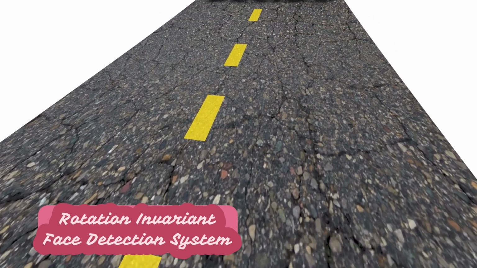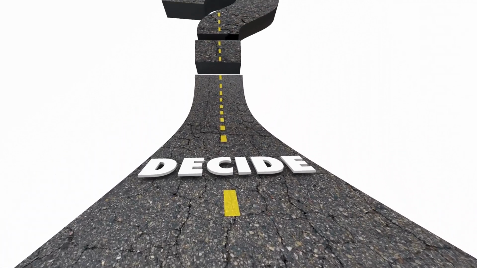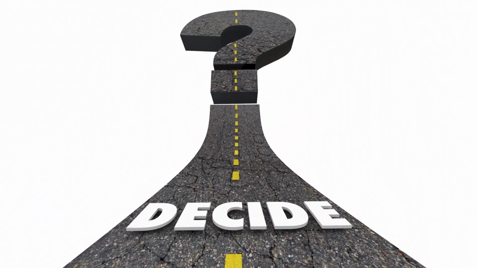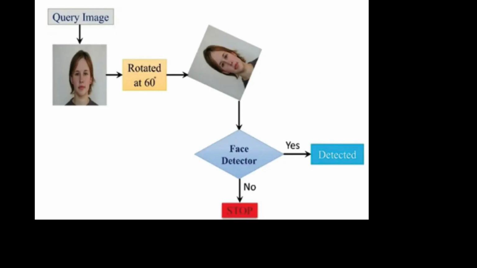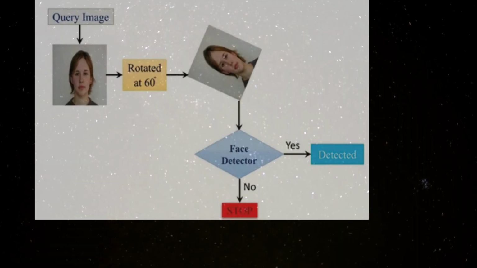We are going to detect the face. First we will see whether we want to detect the face from images or from video. So when we are working on a face detection or face recognition system, first we figure out whether we want to do the face detection from images or from video.